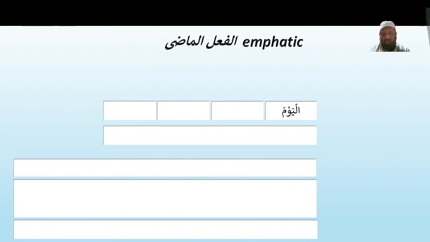Here we can see this word is in mansub case, al-yawma. It cannot be mubtada because mubtada is in rafa case, marfu. It cannot be mubtada. There must be a fa'il in the sentence.